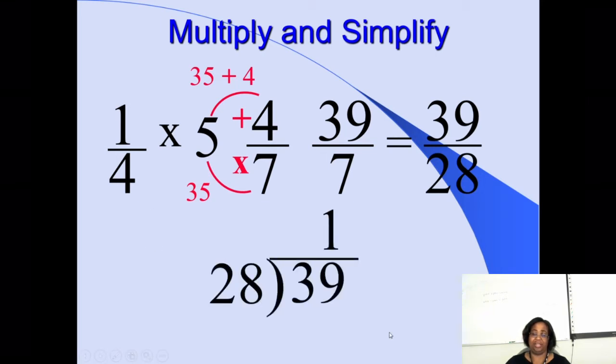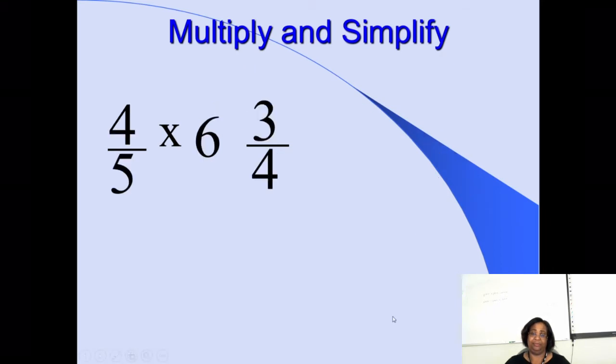It goes in 1 time, and I have 11 left over for my remainder, and I keep the same denominator. So 1 and 11 over 28 should be your answer. This one I couldn't cancel at all. And sometimes you're going to have some fractions and some problems where you don't reduce at all. Try this one.